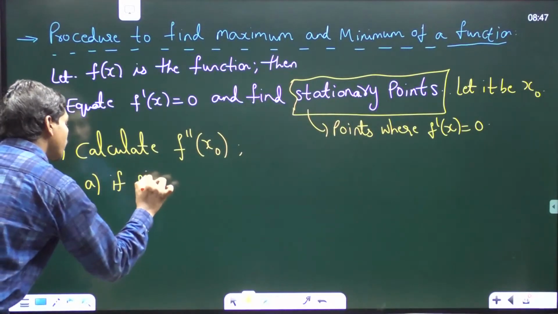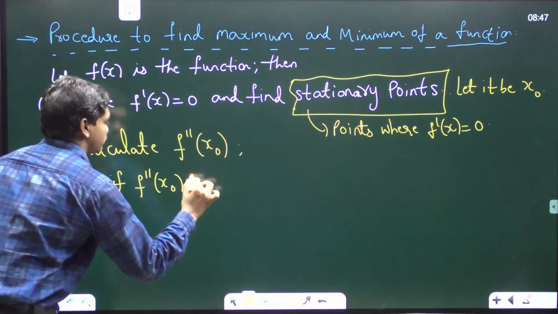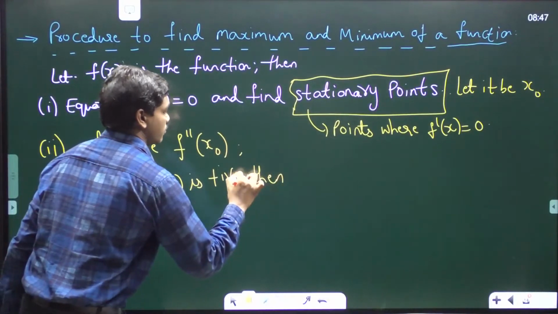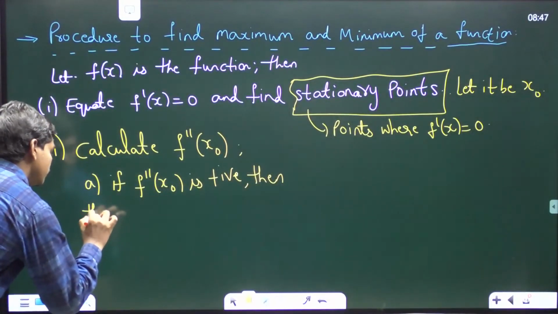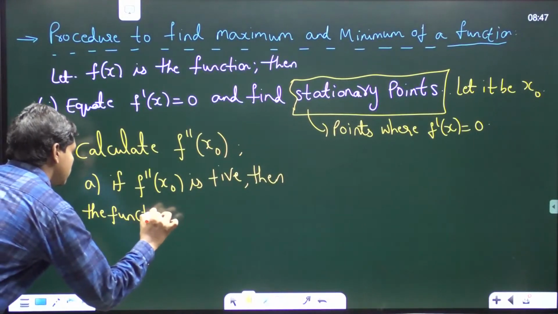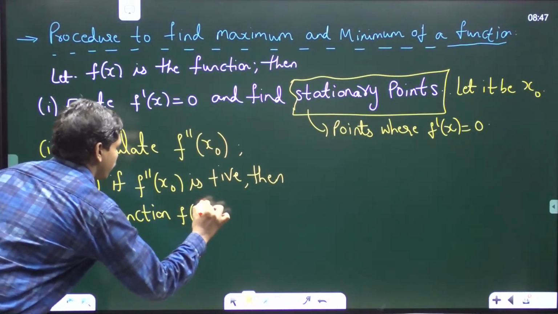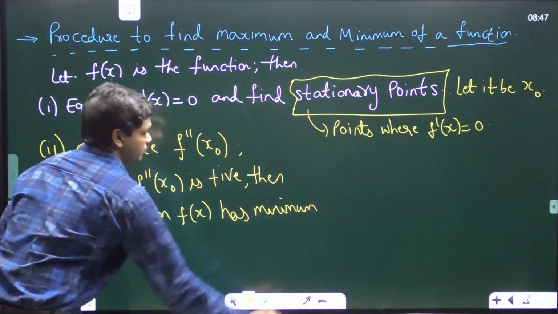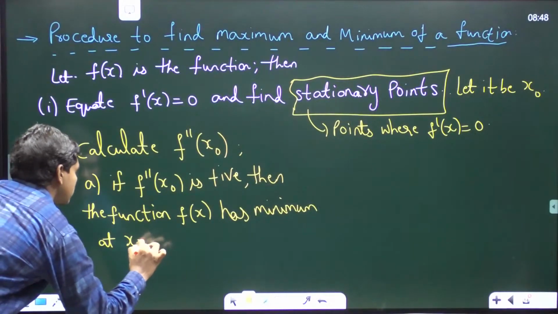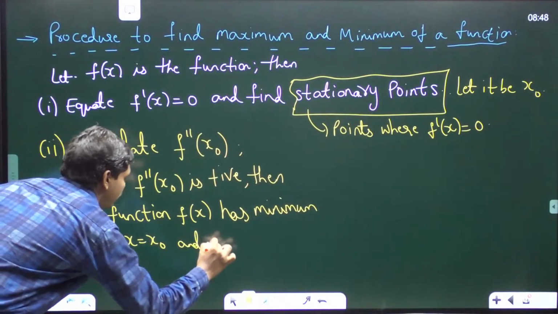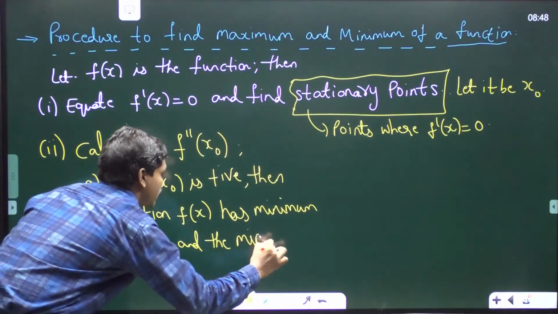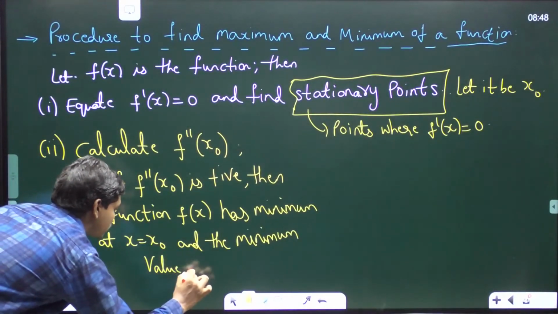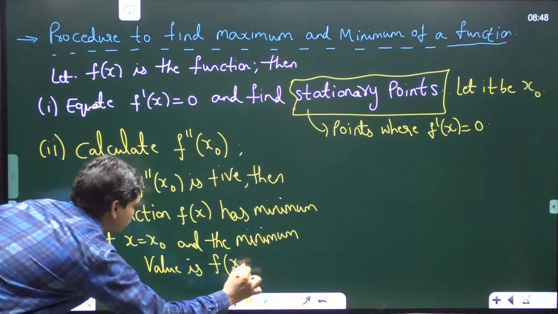If f double dash of x0 is positive, then the function f of x has a minimum at x equal to x0, and the minimum value is f of x0.